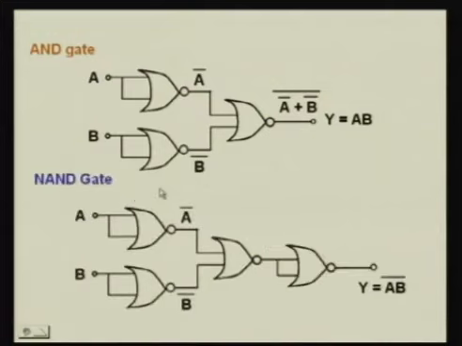Up to here it is similar to the AND gate, where we get the output Y equal to AB, and if we apply this output to the last NOR gate, using it as an inverter, we will be getting Y equal to AB bar, which is the output of a NAND gate. So we could see how we can use various NOR gates to realize different other gates.